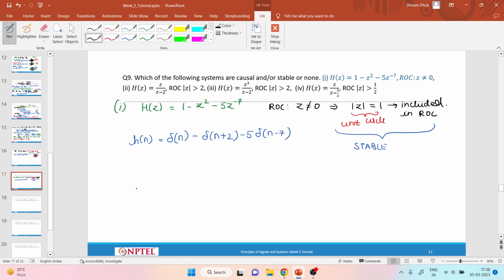So if we draw this, it is something like this. So this is 0, this is minus 2, and this is 7. So at n equal to 0, I have 1, and at n equal to minus 2, I have minus 1, and at n equal to 7, I have minus 5.